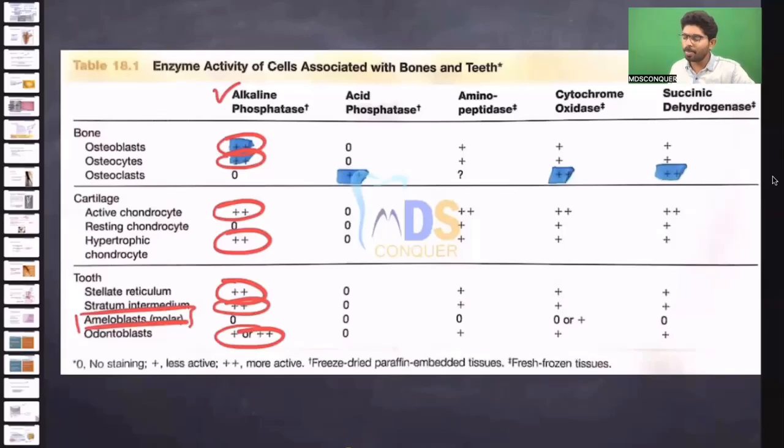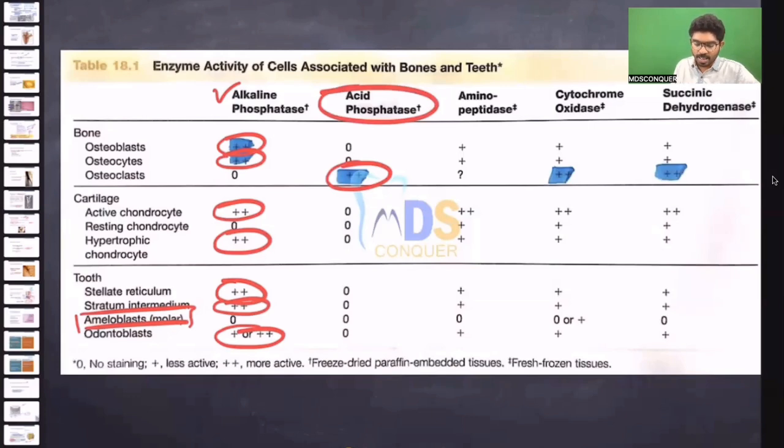Guys, this table is very important. You have so many questions from this table, like which enzymatic activity is more in the reticulum, which enzymatic activity is more in the intermedium, which is more in the osteocytes, osteoblasts. These are very frequently asked questions. Clear? Next, the only plus is for osteoclasts.